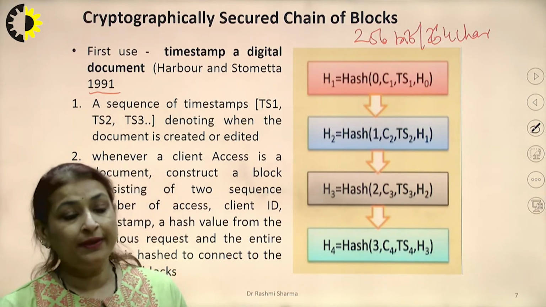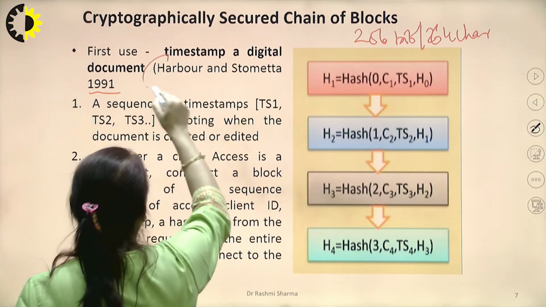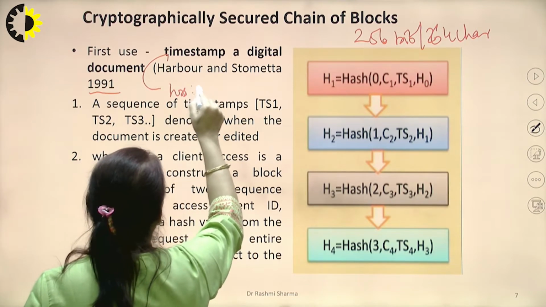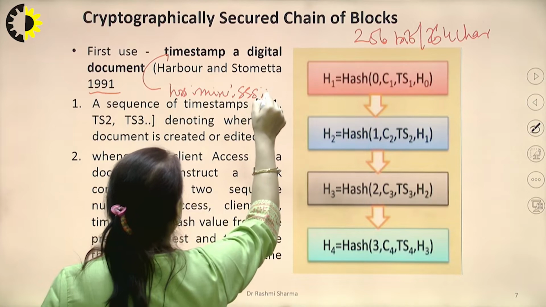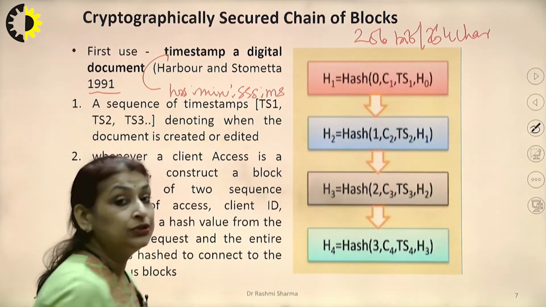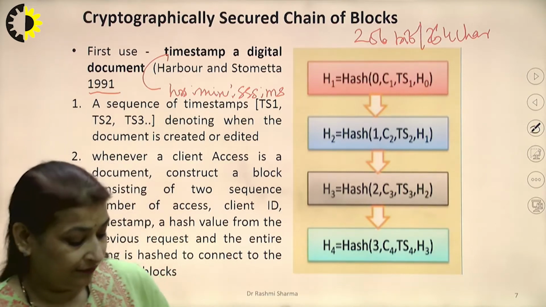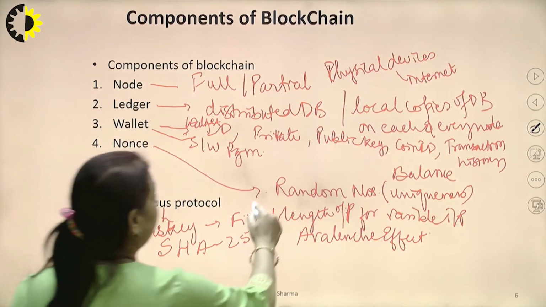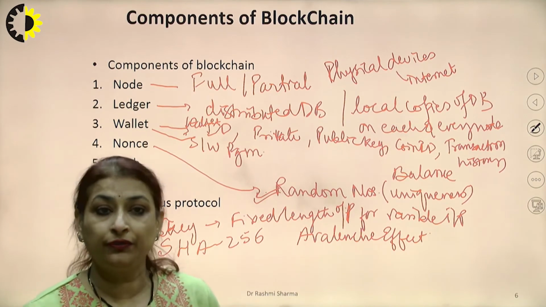So timestamp is the current time, usually in hours, minutes, seconds, and even milliseconds, so that we can uniquely identify it, just as we can uniquely identify with the nonce, which was one of the components of the blockchain.